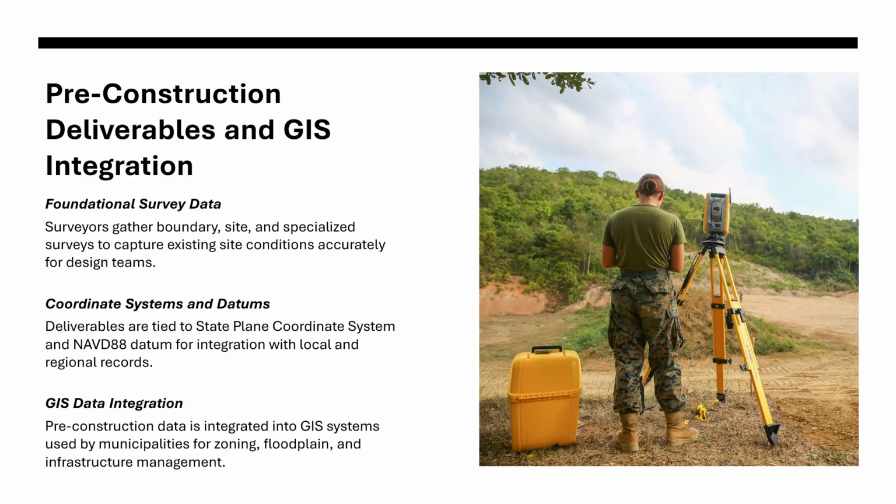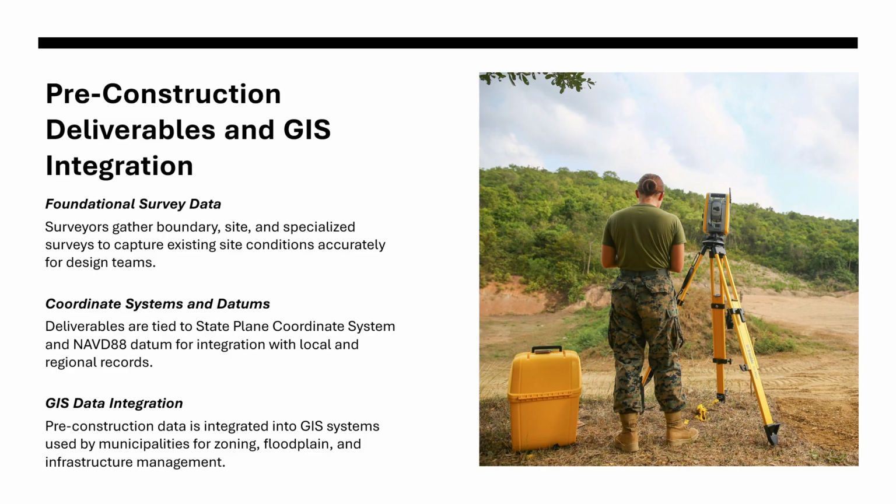In the pre-construction phase, the surveyor provides the foundational data of any project. This includes boundary surveys to establish ownership, site surveys to document topography, vegetation, drainage, and utilities, and sometimes specialized surveys like floodplain, tree surveys, or airfield surveys.